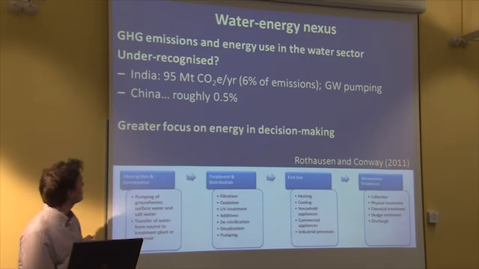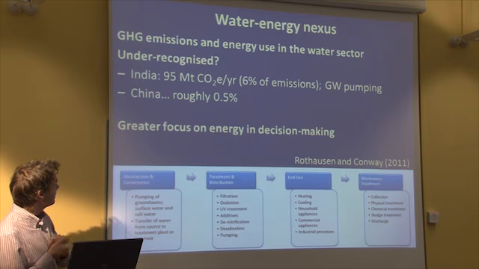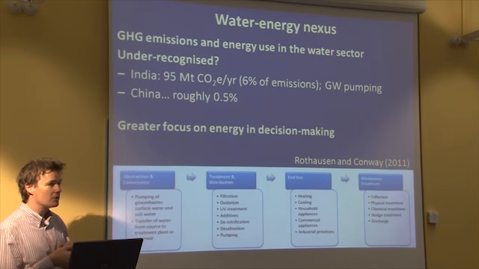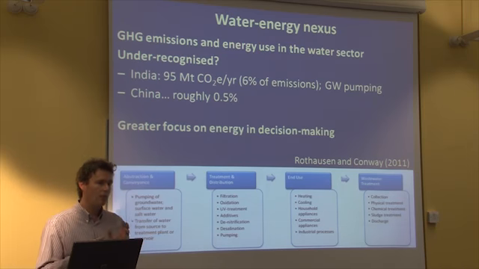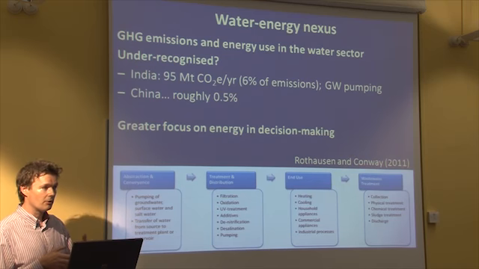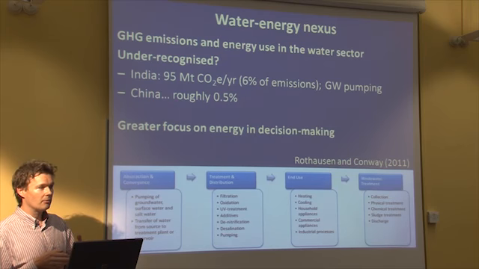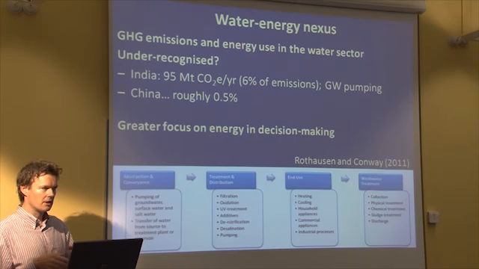Just to give you two examples of this, in India the emissions of greenhouse gases are about 95 million tonnes of CO2 equivalent, which is about 6% of national emissions, just for abstraction of groundwater, primarily for agriculture. And work we're doing at the moment in China is coming up with an estimate which is about 0.5% of China's total emissions, which is simply from abstraction of groundwater for irrigation.